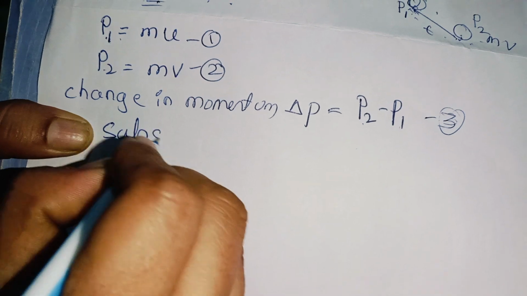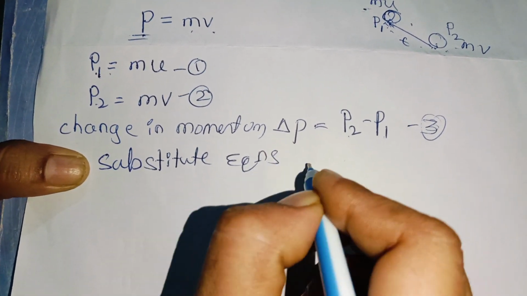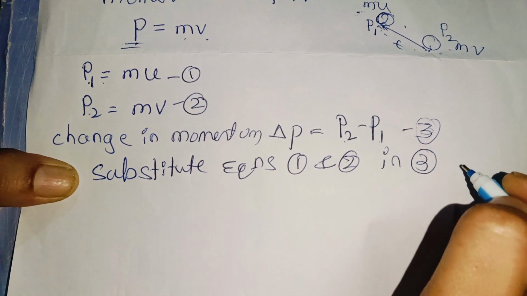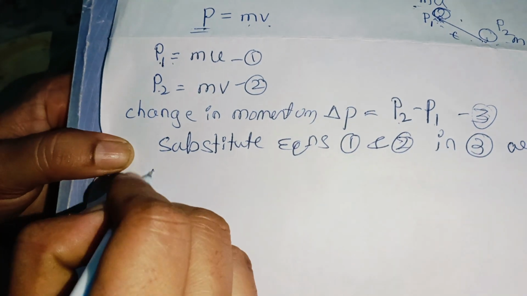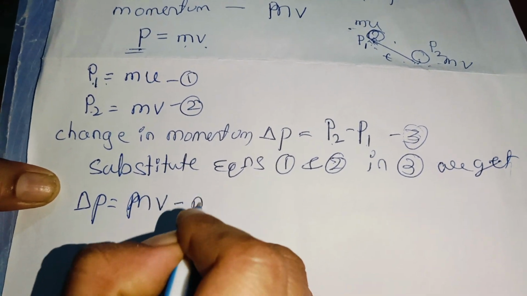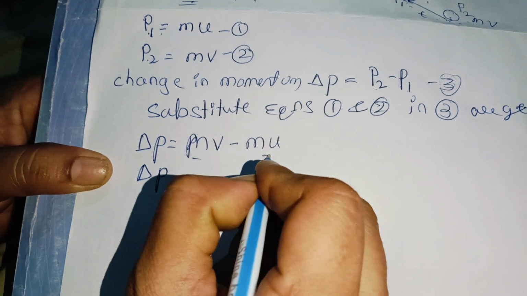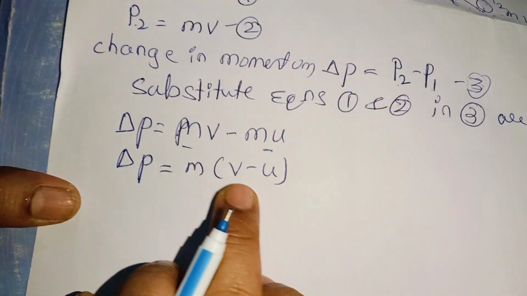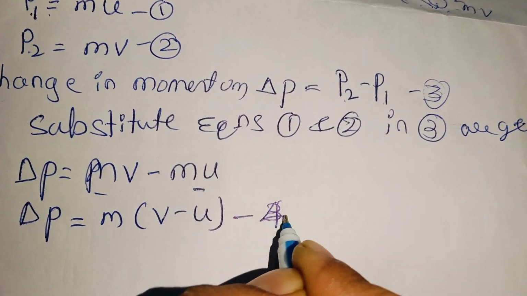Substitute equations 1 and 2 in 3. We get delta P is equal to mv minus mu. So m is common in both terms, so we keep it outside the bracket, and the rest is in the bracket, v minus u, called equation number 4.